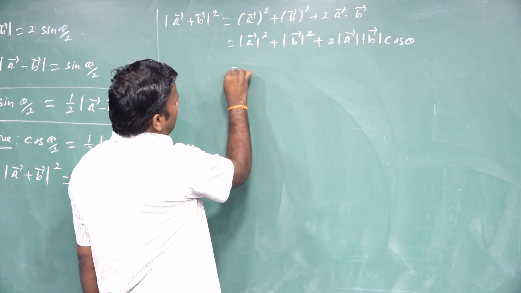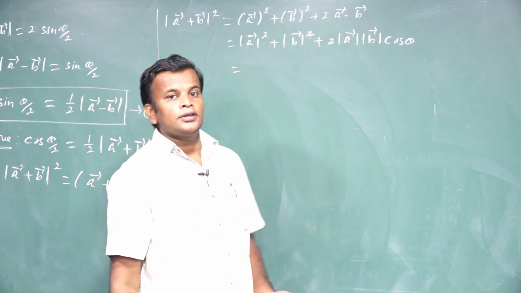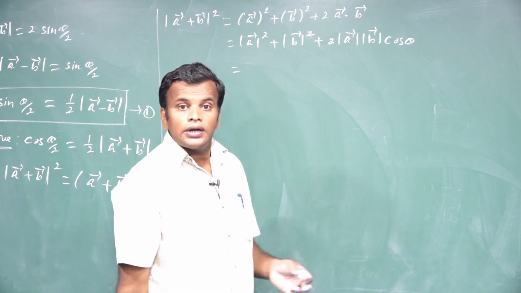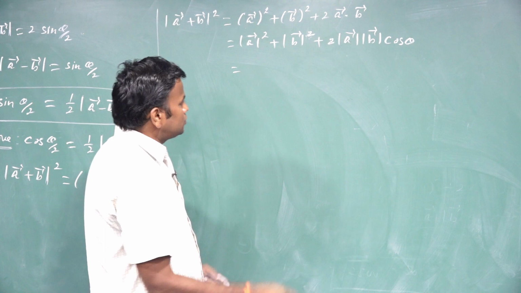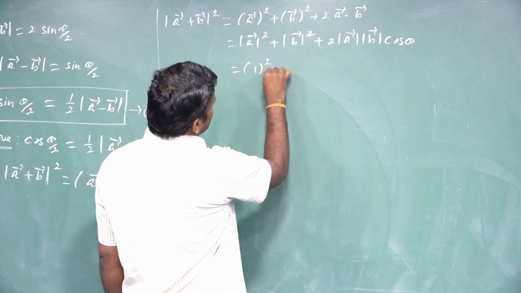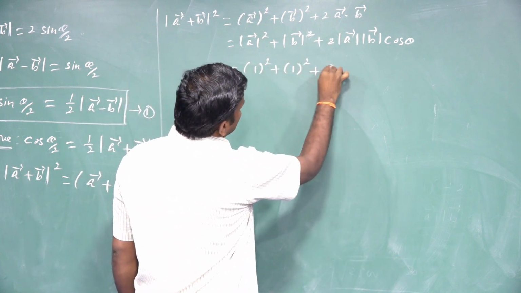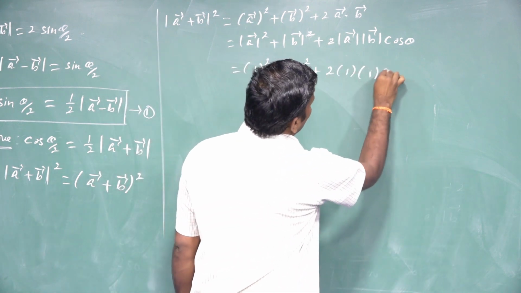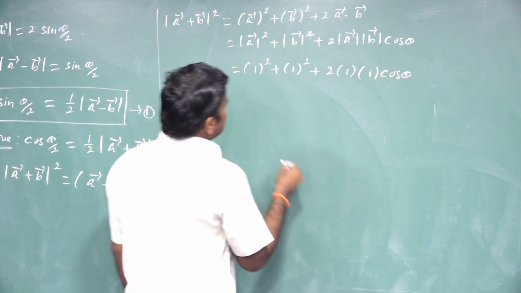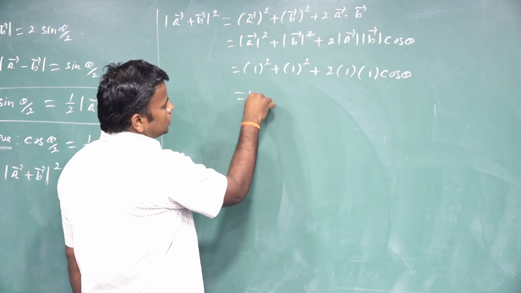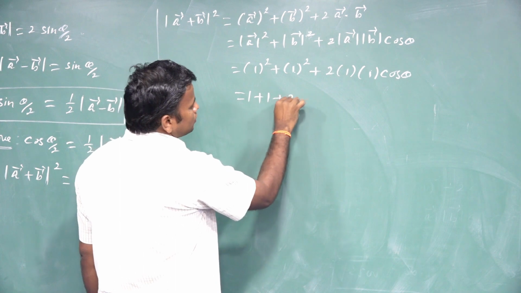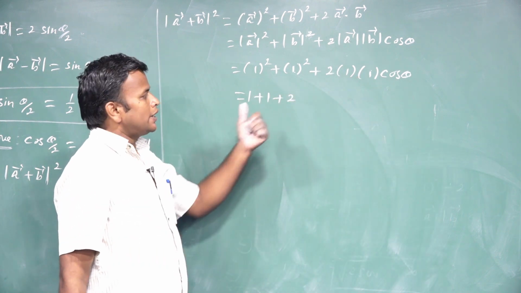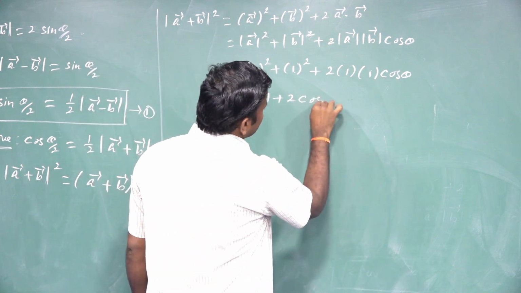The next step, using the values of modulus A and modulus B. Both are unit vectors, therefore whose values are 1. So 1 square plus 1 square plus 2 of 1 into 1 into cos theta. So 1 plus 1 plus 2 cos theta. So final answer is 2 plus 2 cos theta.